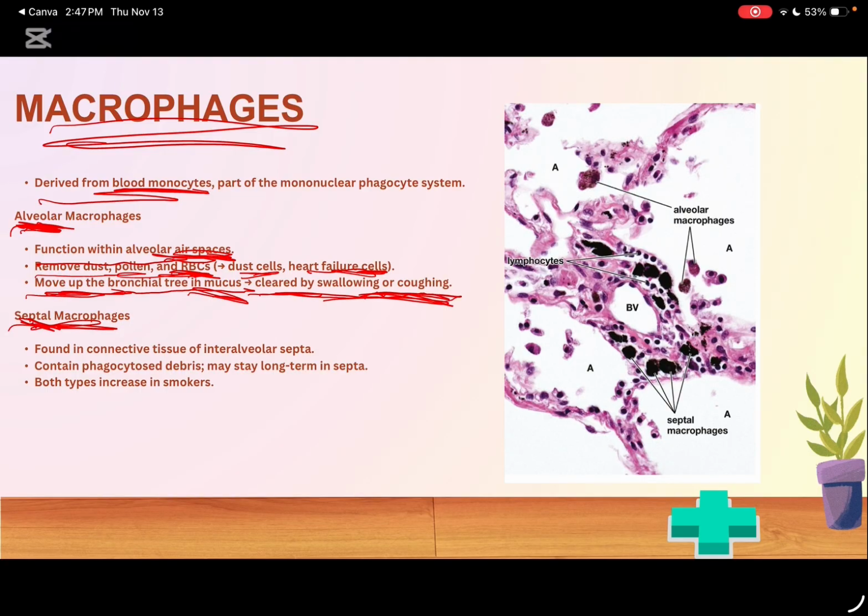Septal macrophages, just keep this in mind, are found in connective tissue of the interalveolar septa, and they have phagocytosed debris. Makes sense because they are macrophages. They may stay long-term in septa. Both types increase in smokers, because macrophages are needed more in smokers. It just makes sense.